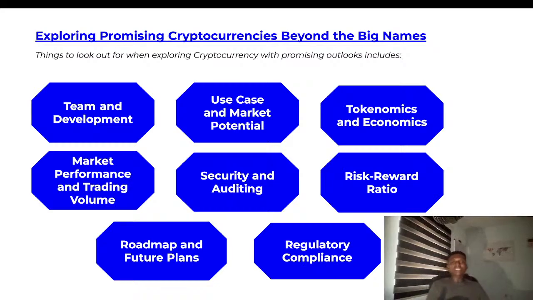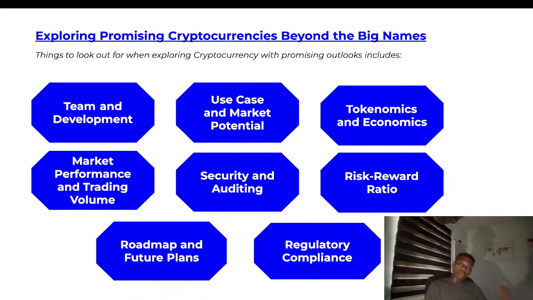What is the value add of this cryptocurrency in the market? What is the market potential of this cryptocurrency? Are people using it? Is it in vogue? Does it have an active community-driven engagement around it? These are the things you should look out for.